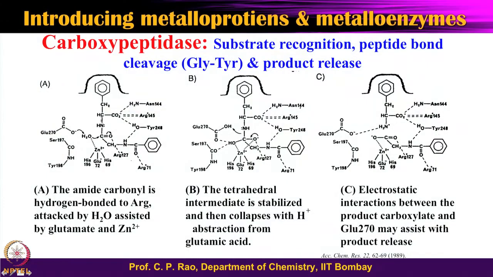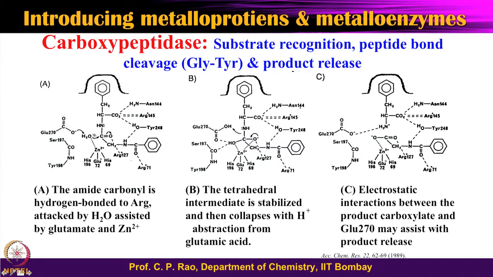So you can see that when this binds, it is being recognized by the CO2, the neighbor residues. There are 3 hydrogen bonds. So the arginine and the other groups, the tyrosine and asparagine, all these kinds of groups will make them, and this is the reason why this is being poised in a very nice way close to the zinc hydroxide. Just like the previous case, the CO2 is poised and here the peptide moiety is poised.